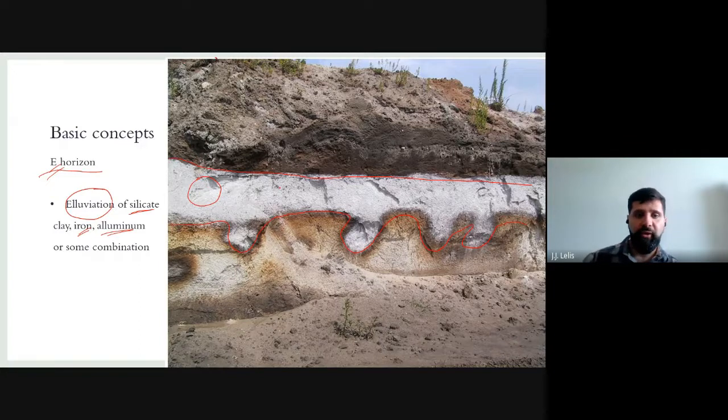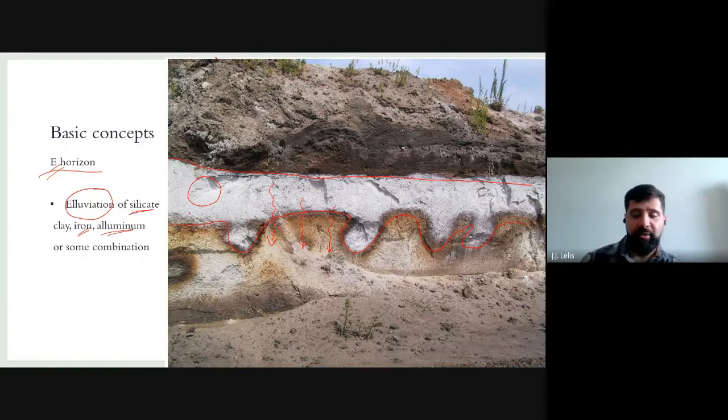So if I lose clay from this horizon to this other horizon, I'm losing color too, and I'm losing clay content too. So it starts to get sandy and white.